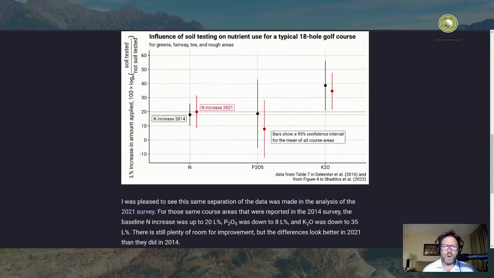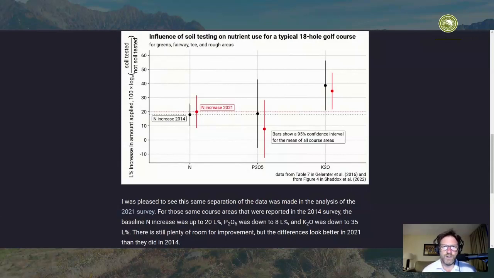I use the log increase, which is symmetrical and consistent across all of these elements, so that we can compare these percentages in a comparable way. And so we basically have this baseline increase of nitrogen of about 20% when you move from not soil testing to soil testing.